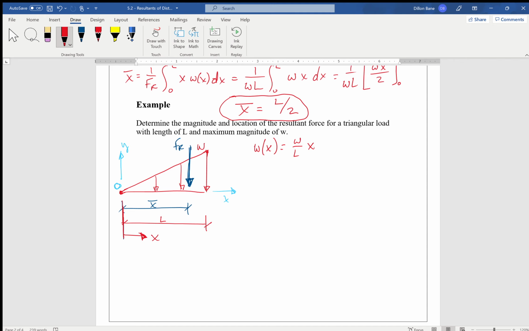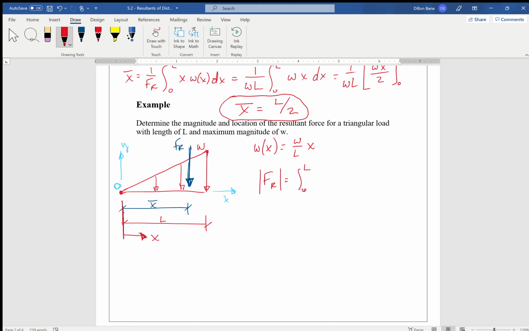It comes out to be 0, and that's what our line shows. And if I plug in L for x, w of x consolidates down into W, which is what our line should be. So this equation for our line is now correct. Now that we've got an accurate equation for our distributed load, let's integrate to find the magnitude of our distributed load.